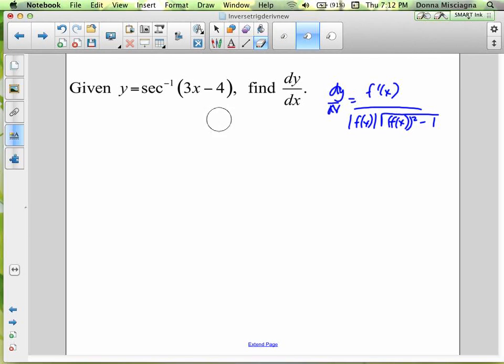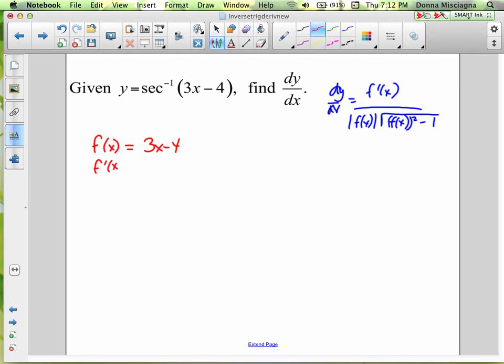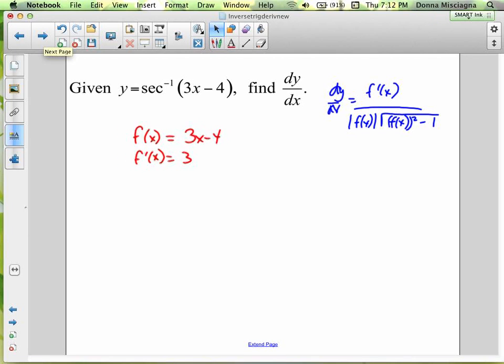I'll put it over here and I'll move it, so I don't have a distorted equal sign. f of x equals 3x minus 4. The derivative, of course, is just 3. And we'll just move that over there. So we have a little bit of space over here.